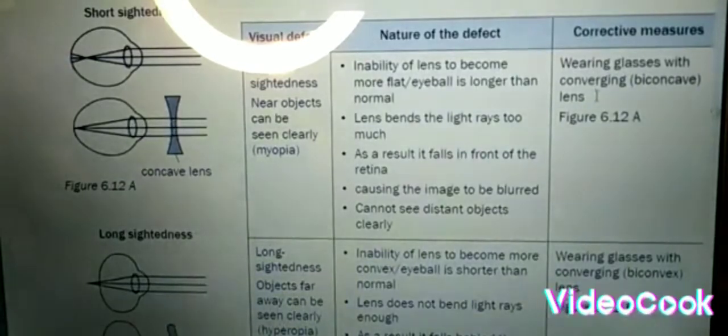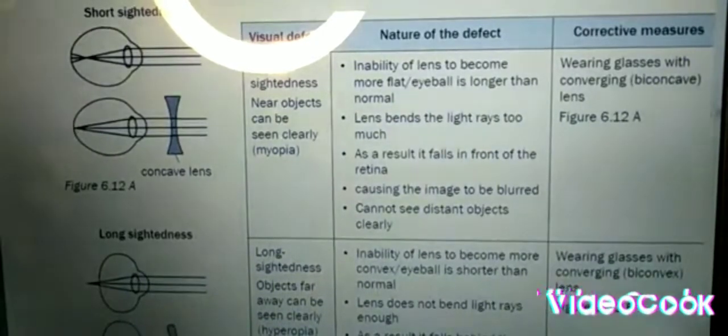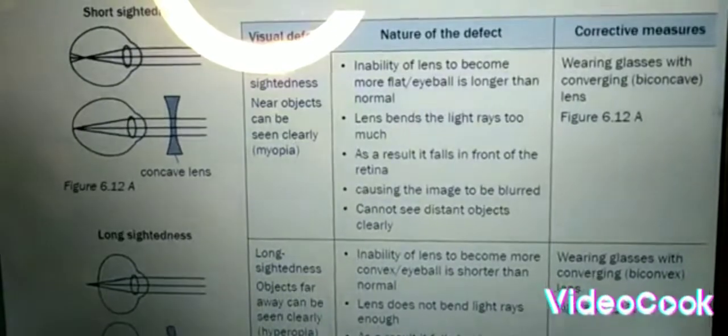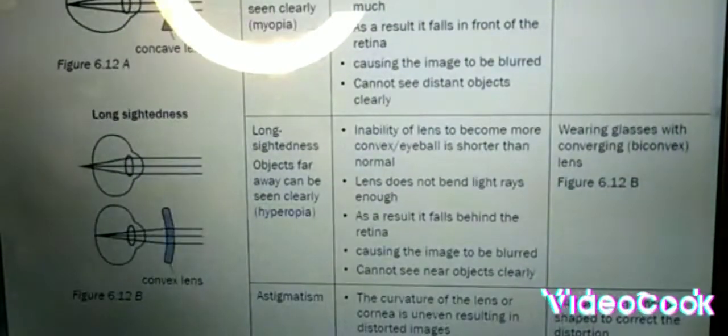Now when we're using this concave lens, you can see the light is sent straight onto our retina, just on our retina, right? Then the person is able to see. But when we take off their glasses, then we'll have a problem. They will have blurry vision. That was for nearsightedness.